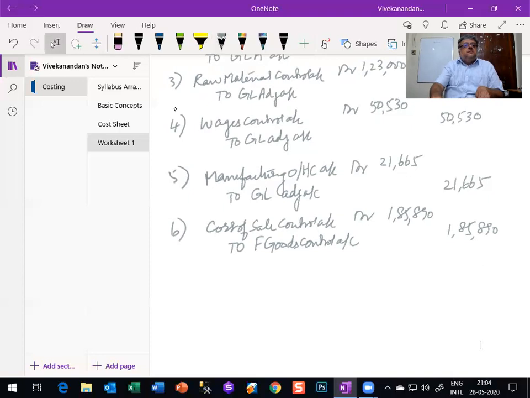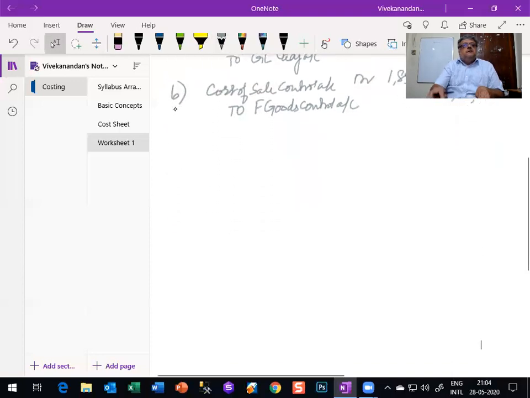Number 7: materials issued to production. What is issued to production? Issued to production is nothing but issued to work in progress. You are issuing to the shop floor, which is nothing but a work in progress account.